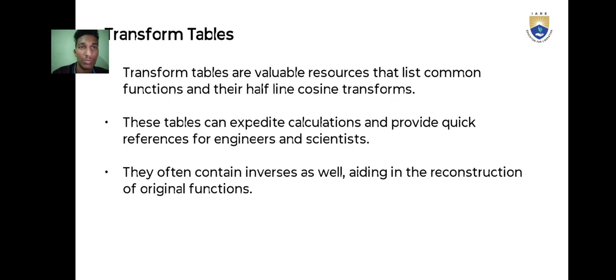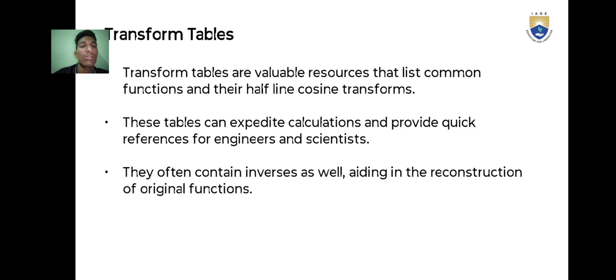Transform tables. Transform tables are valuable resources that list common functions and their Fourier cosine transforms. These tables can expedite calculations and provide a widely used reference for engineers and scientists.